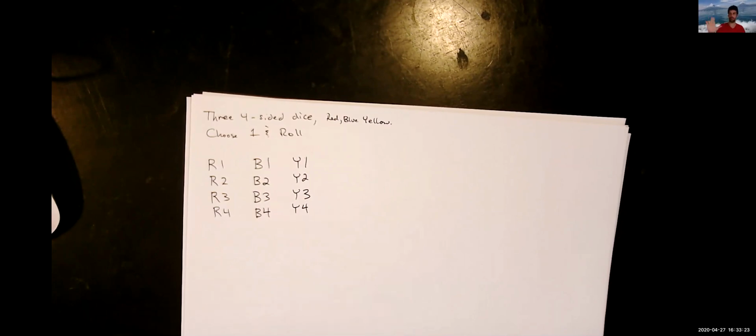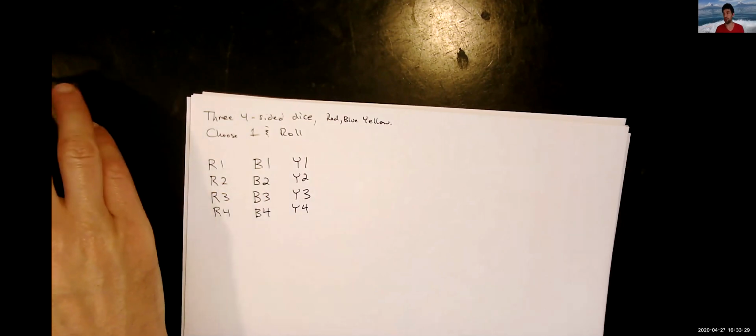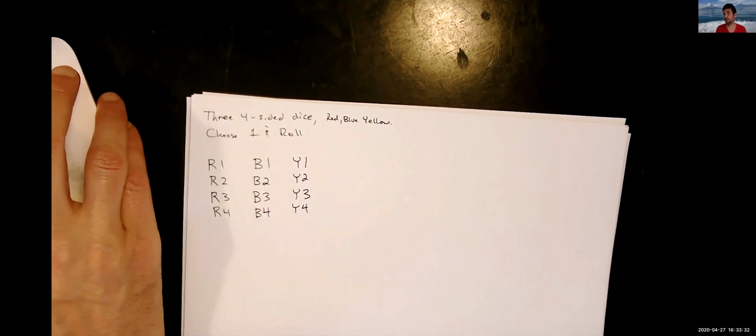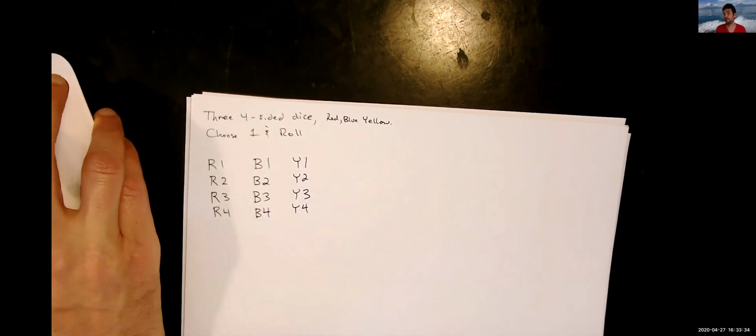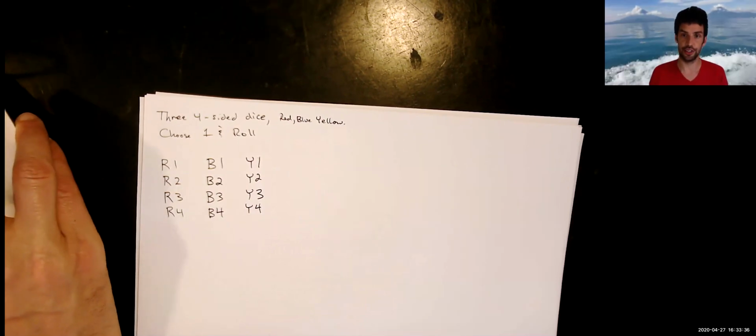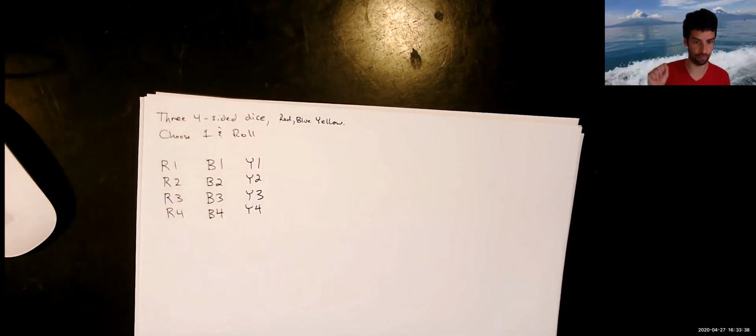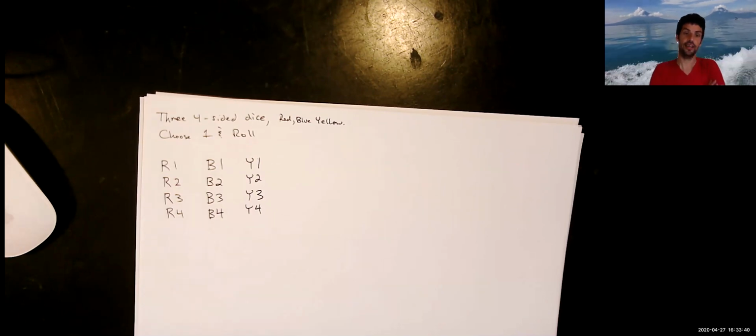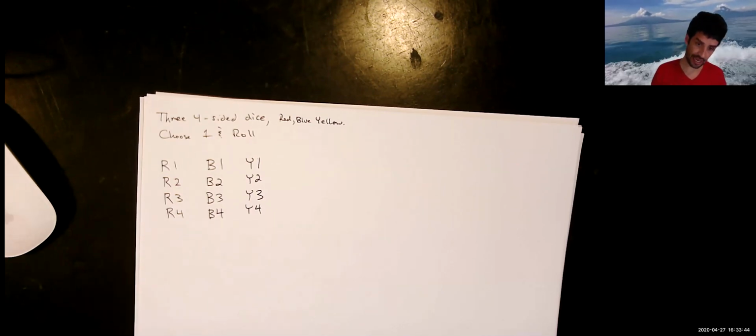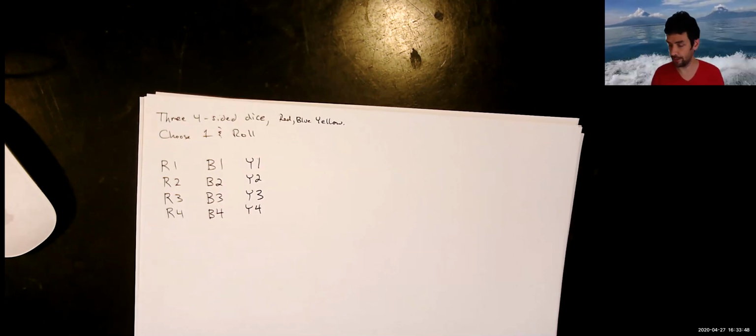And let's assume everything is fair, meaning there's no preferred color or no preferred number, that everything has the same likelihood. You're going to reach into some kind of bucket, pull out one of the die, and you have the same likelihood of pulling the red, blue, or yellow. And then you have the same likelihood of rolling a 1, 2, 3, or 4 once you pull that, okay?